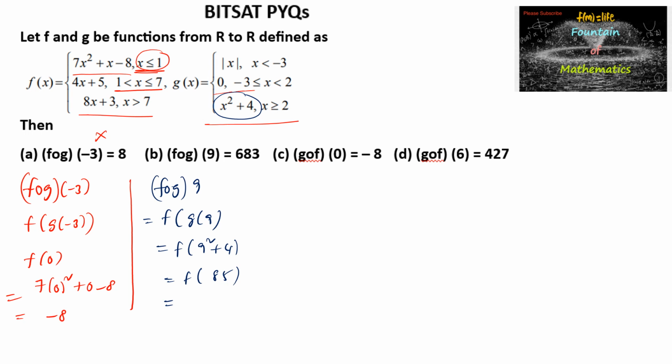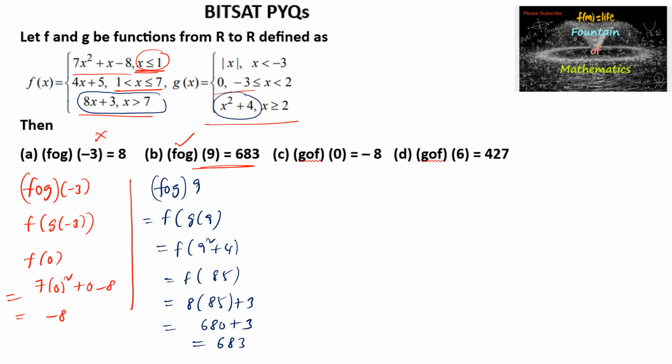So f of 85, and f of 85 means we must go with the option x greater than 7. So 8 times 85 plus 3. So here 680 plus 3, which is equal to 683. So f circle g of 9 is equal to 683. So we can say that option B is correct.